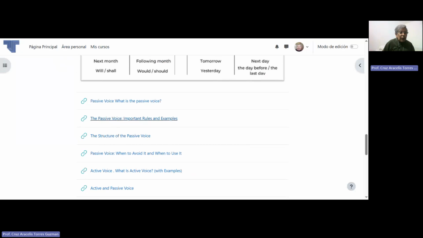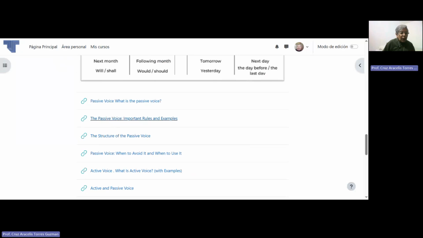The passive voice is used to show interest in the person or object that experiences an action rather than the person or object that performs the action. Passive voice is used when the agent is obvious, unknown, or unnecessary. Okay?